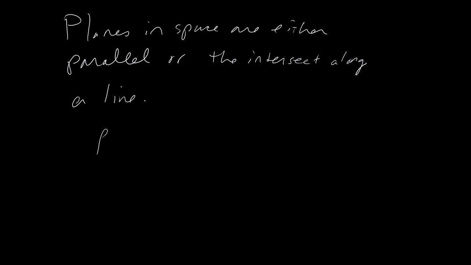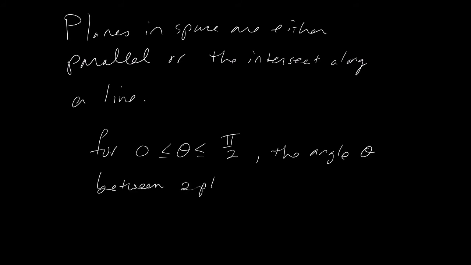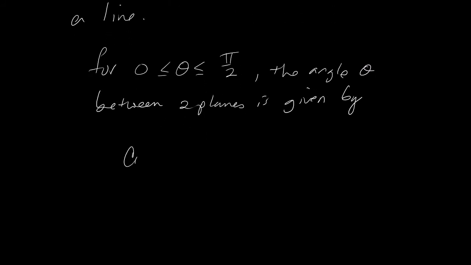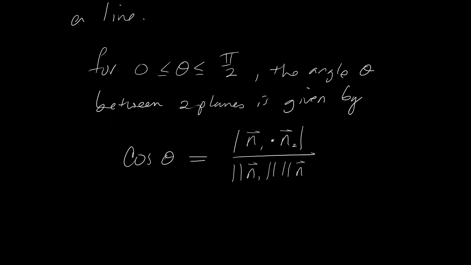So for theta between 0 and pi over 2, the angle theta between the planes is given by cosine of theta equal to the absolute value of the dot product of the normal vectors n1 dotted with n2 divided by the magnitude of n1 times the magnitude of n2.